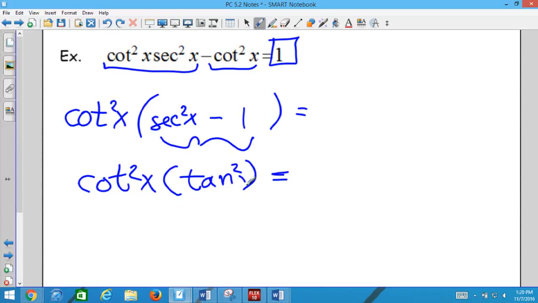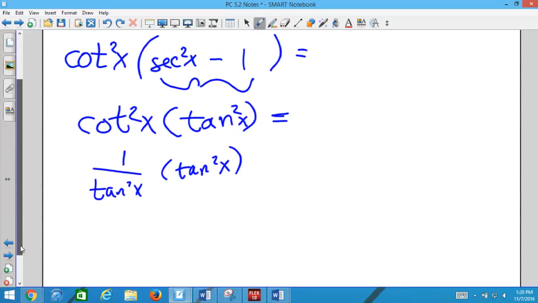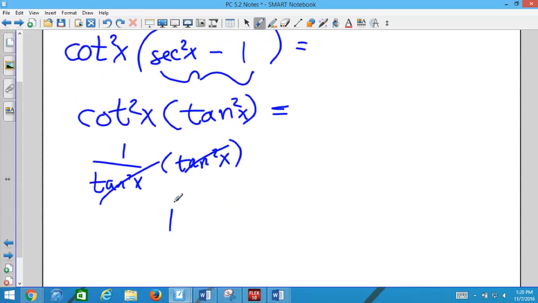Because I forgot to write it. Oops. So then from here, cotangent is 1 over tangent. And those cancel. So factoring might be helpful. Next.